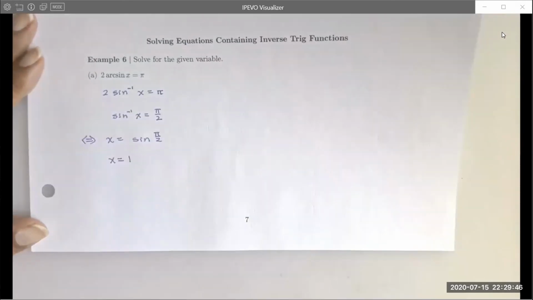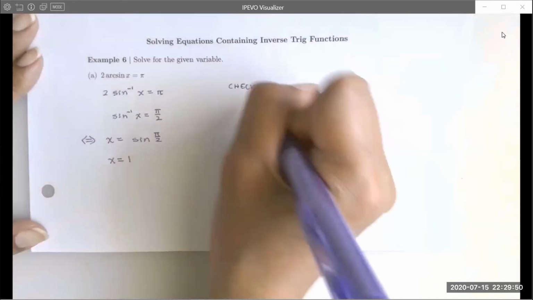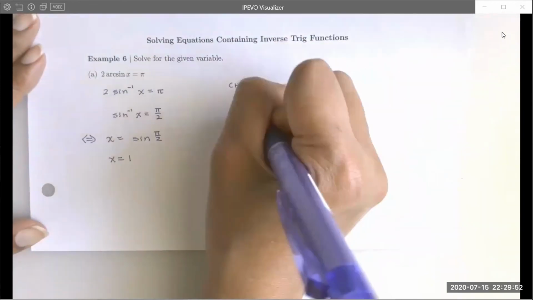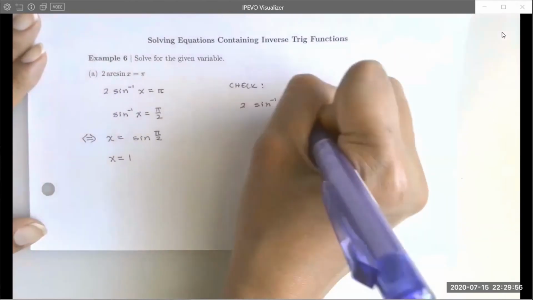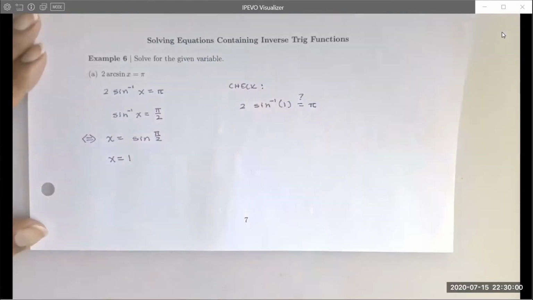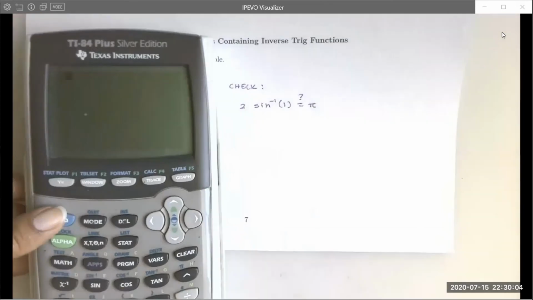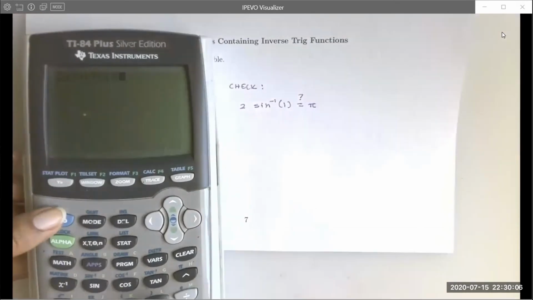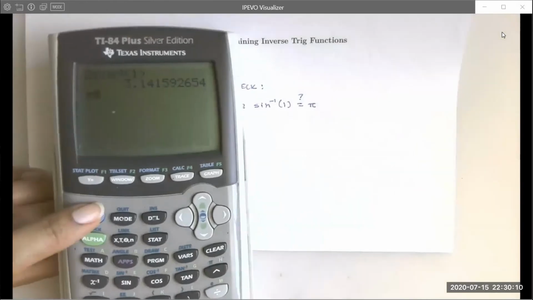In fact, let's go ahead and check. Is it true that 2 times sine inverse of 1 is equal to pi? Okay, well, let's check it out. 2 times sine inverse of 1 gives us 3.1459, and well, that's exactly pi.